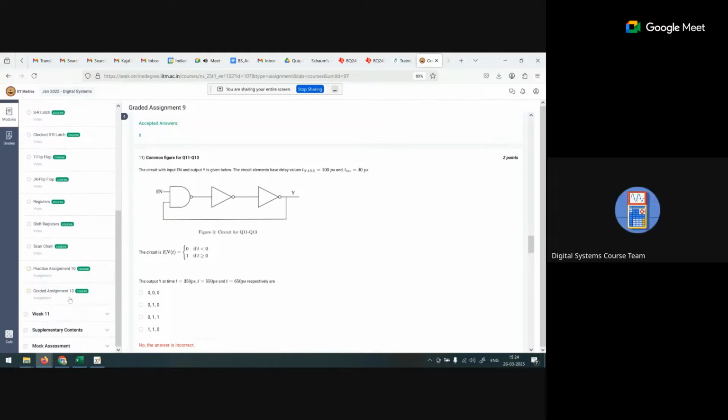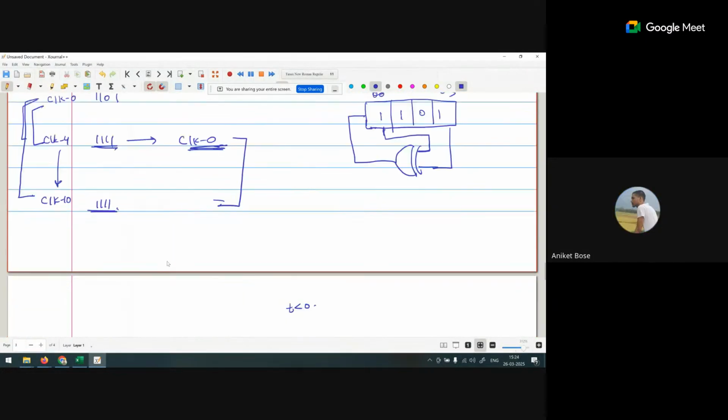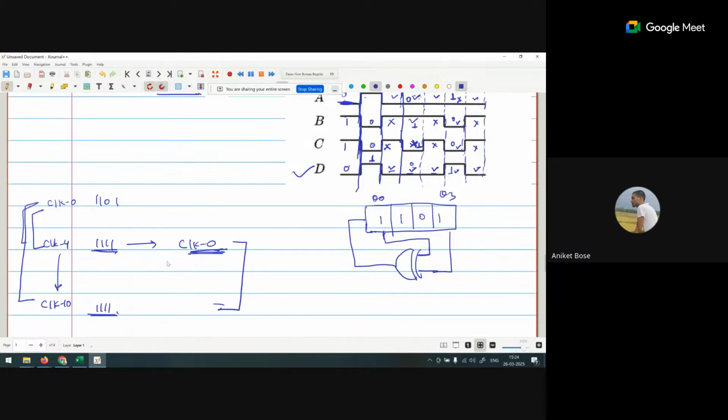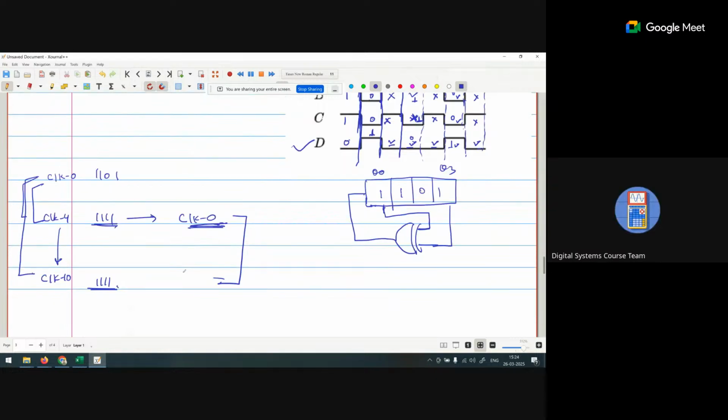The thing is that in question number 10, do I need to dry run that thing, or can I derive a simple expression for this whole shifting thing? No, what you have to do is, your initial input is 1101.